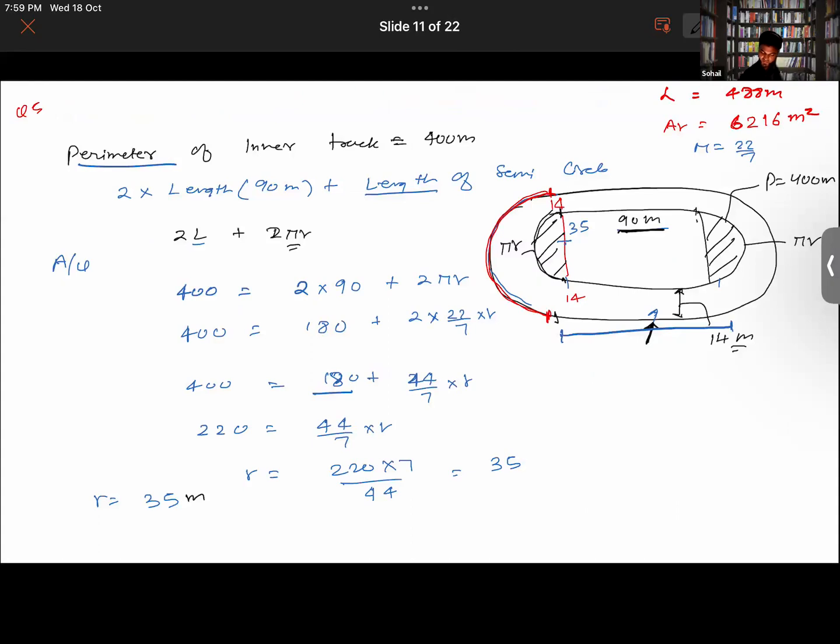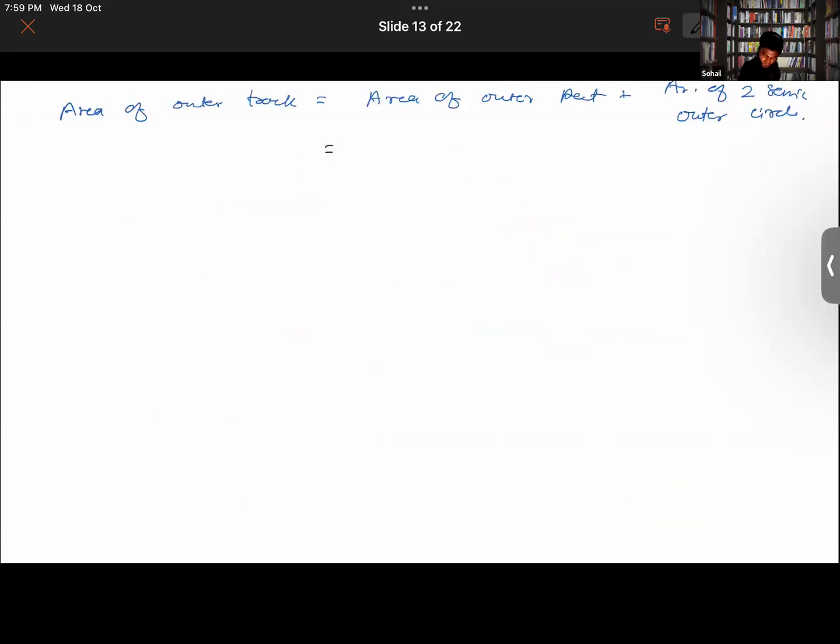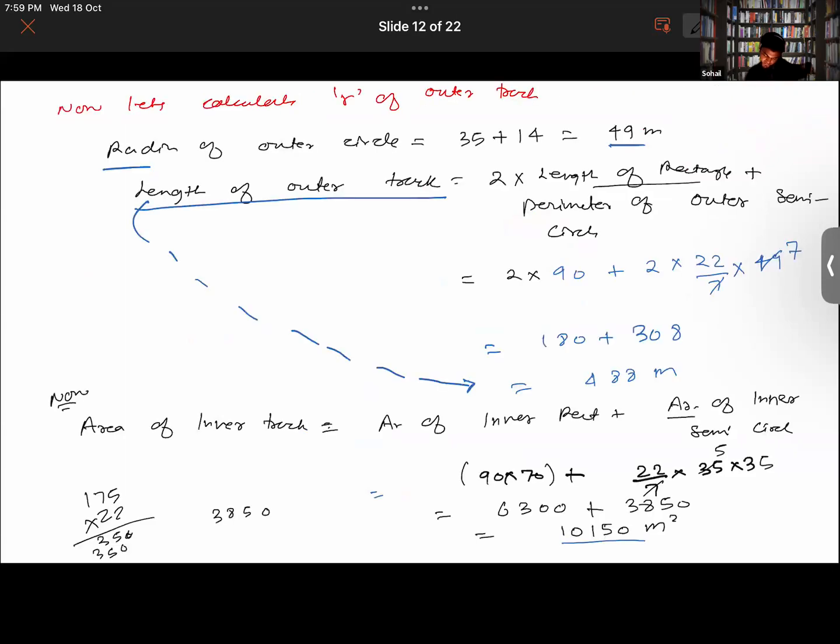You have got the value as 90 here. That is also going to be 90 here. Getting it now? Area of outer track will be area of outer rectangle plus area of two semi outer circles.